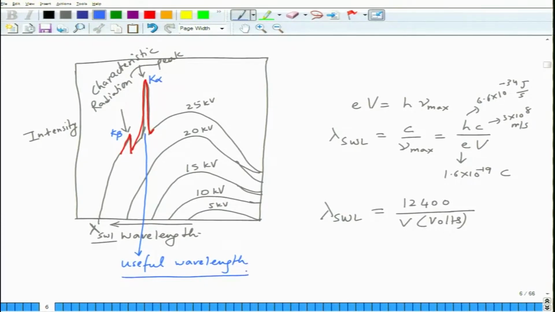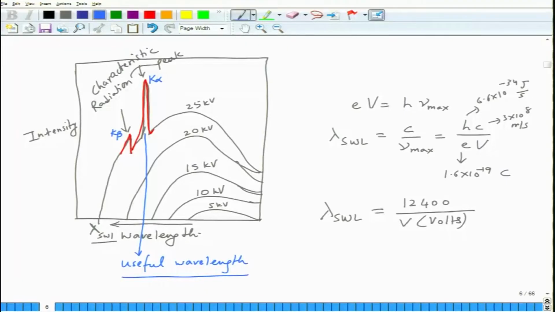So this gives you a very intense peak. There could be other peaks as well, other minor ones like L alpha, L beta and so on, but they are not as intense, and they will probably be lower in energy as well, because an L transition would be from M to L, right?